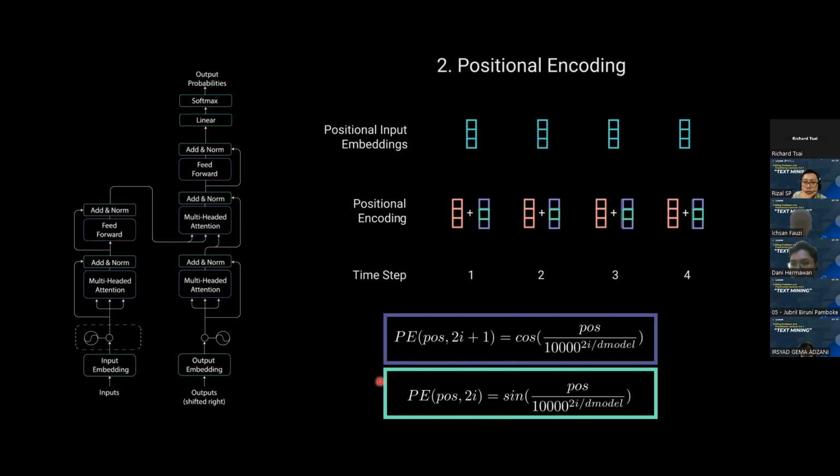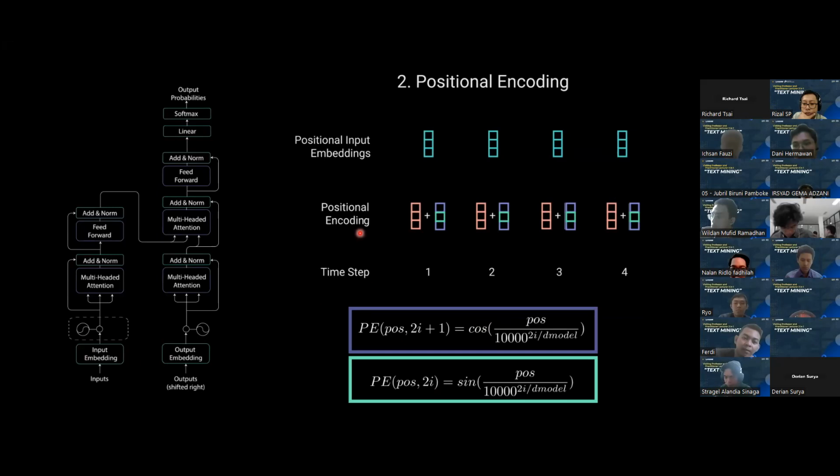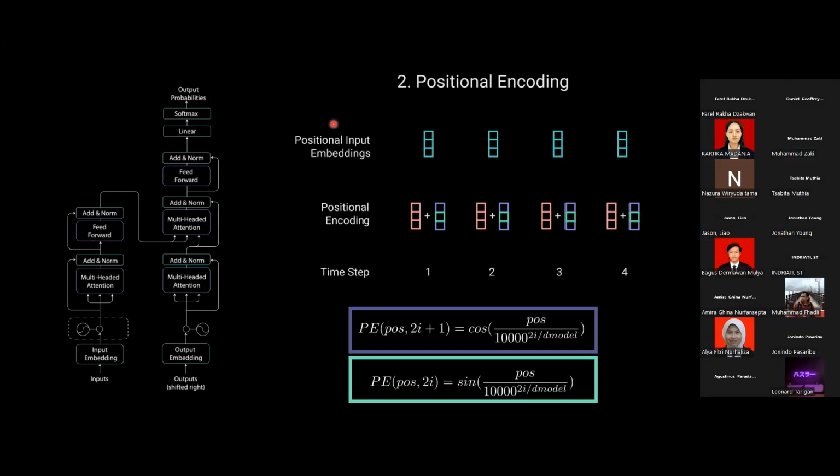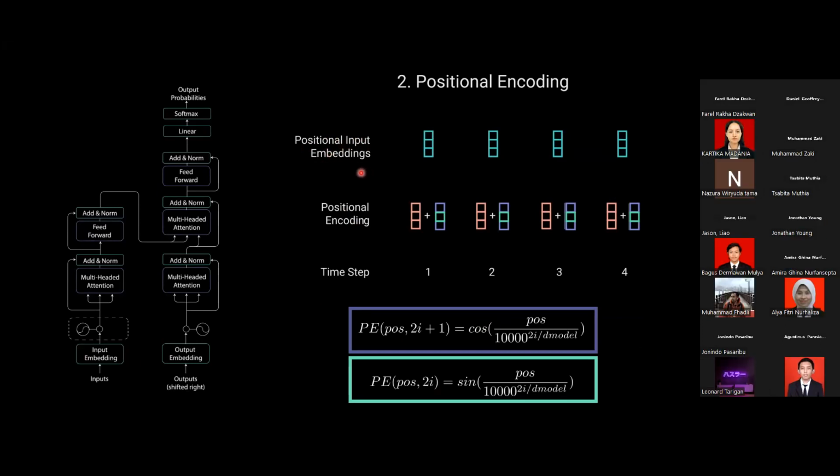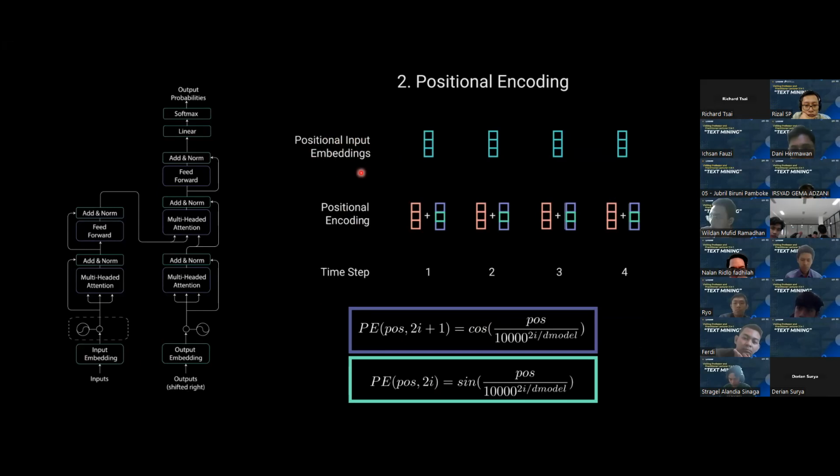When you add the input embedding to the positional encoding, it becomes what we call positional input embeddings. In simpler terms, this process ensures that the value of each dimension at each position is distinct.